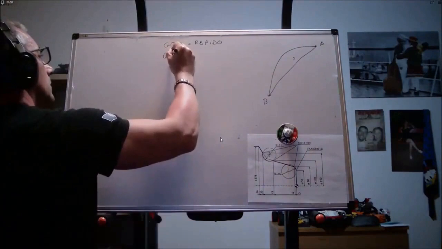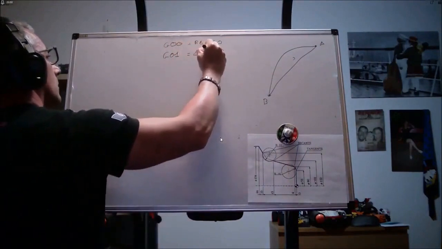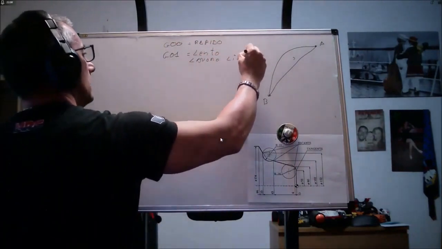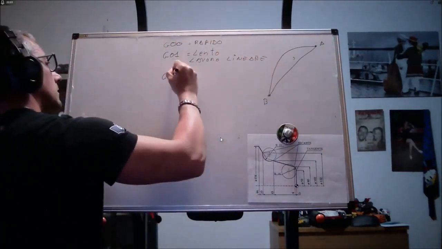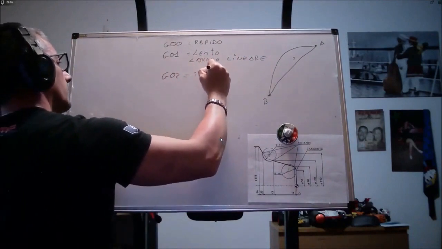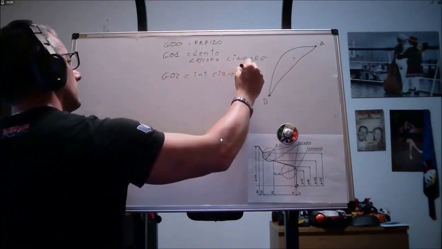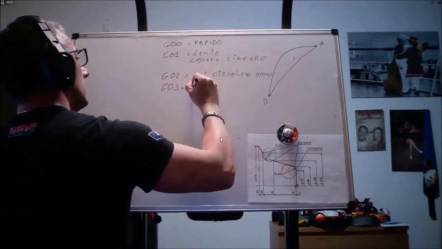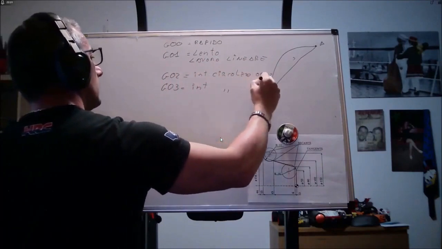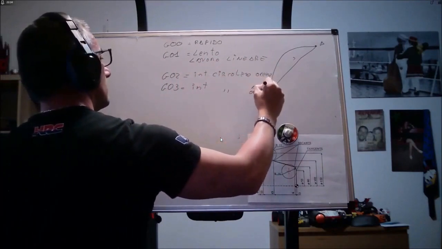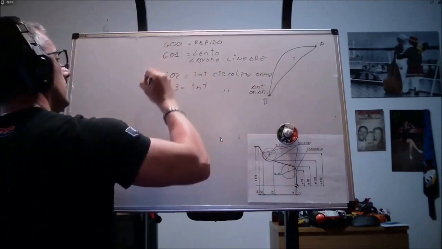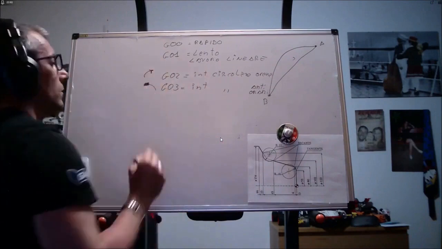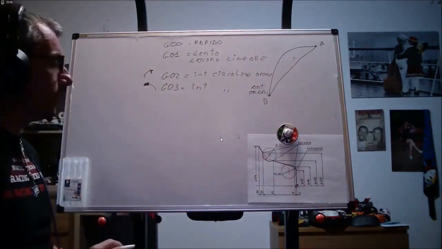G01 is the working feed, such as linear movements. G02 is circular interpolation clockwise. G03 is circular interpolation counterclockwise. So, arrow and arrow. I draw like a dog, but it conveys the idea well.